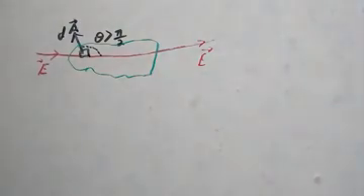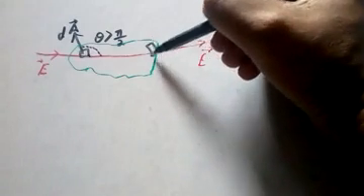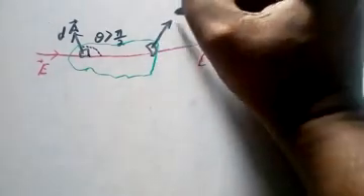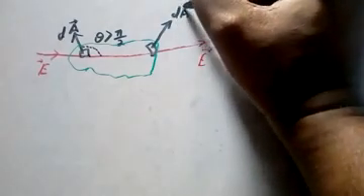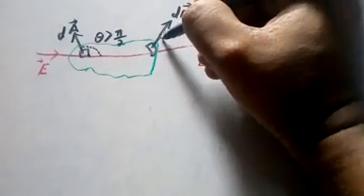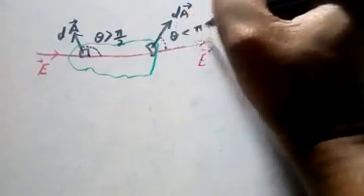Now we'll take another point. At this point the area normal will be this way, so this is the area normal dA. Now notice the angle between the electric field and the area normal: in this case theta will be less than 90.